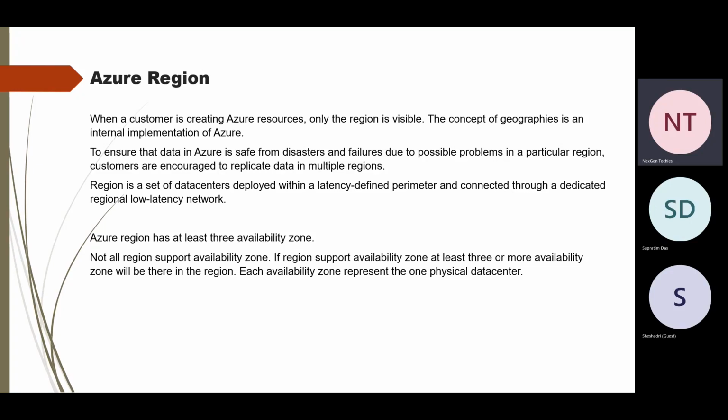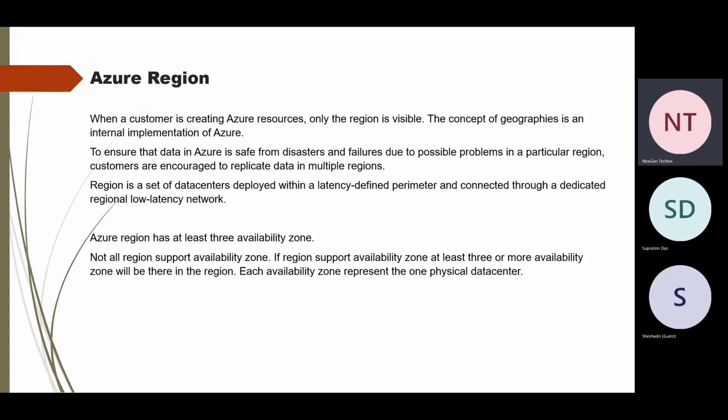For example, if you have one application in one data center and the second primary application in another data center, there won't be any network latency.